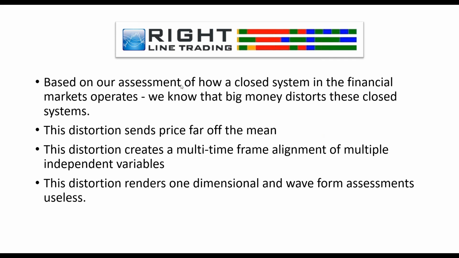When big money comes into the market, do you think it cares whether price is in a falling triangle or a rising triangle? It couldn't care less. You think it cares whether it's in a bull flag or a bear flag pattern? It couldn't care less. Now, all of these things have meaning, but they have one-dimensional meaning. And when big money comes in, they're all going to get distorted and they're all going to become useless.